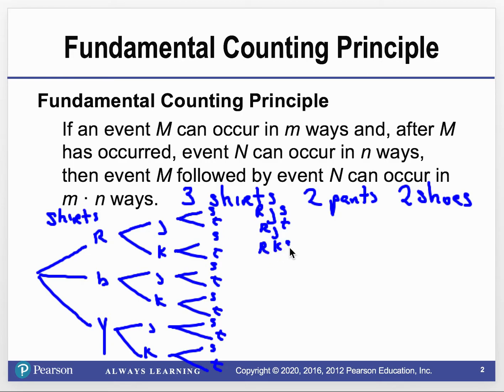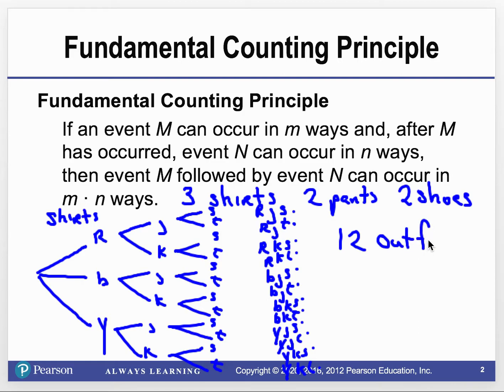A red shirt with khakis and sandals, a red shirt with khakis and tennis shoes, a blue shirt with jeans and sandals, a blue shirt with jeans and tennis shoes, a blue shirt with khakis and sandals, a blue shirt with khakis and tennis shoes, a yellow shirt with jeans and sandals, a yellow shirt with jeans and tennis shoes, a yellow shirt with khakis and sandals, a yellow shirt with khakis and tennis shoes. 1, 2, 3, 4, 5, 6, 7, 8, 9, 10, 11, 12. So we have 12 possible outfits, right?